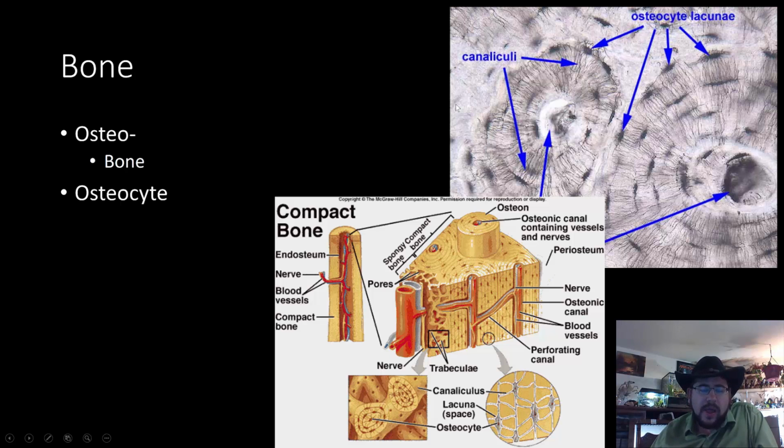So here are the huge differences between cartilage and bone. One, bone is vascular. You can see in this picture there are columns of blood vessels running the length of bones, and then we also have horizontal blood vessels. All these little osteocytes in their pits have a healthy blood supply.